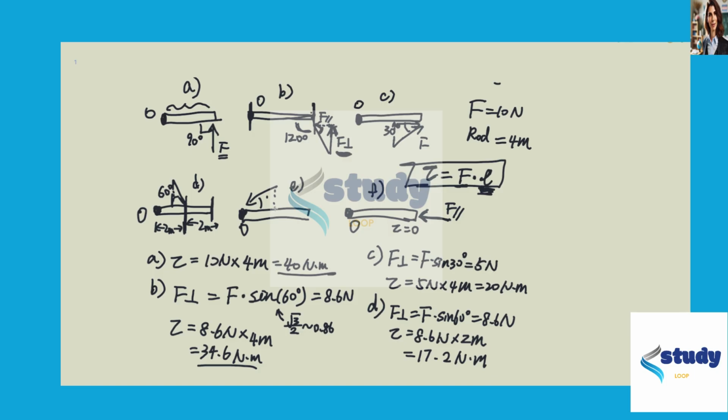Because in this case, you have L equals 0. The point of contact exactly coincides with the pivot. There is no distance between them. You have L equals 0, and that also gives you tau equals 0. So that is the answer to this problem. From A to D, you have a torque. For E and F, you do not have a torque. You have torque equals 0.